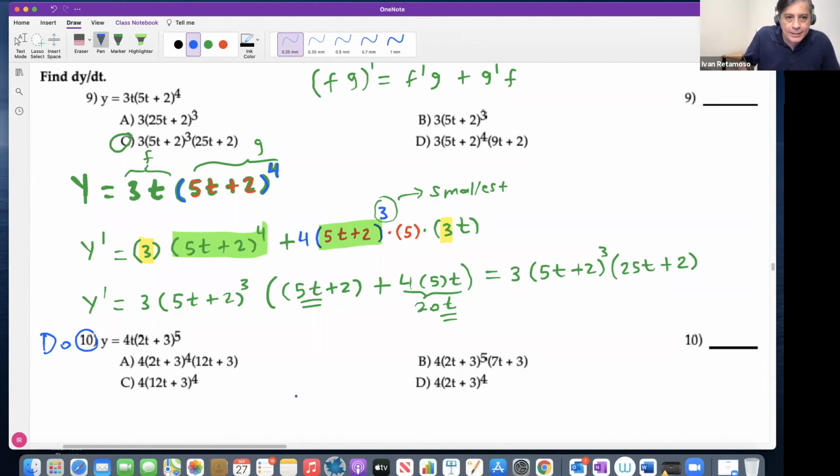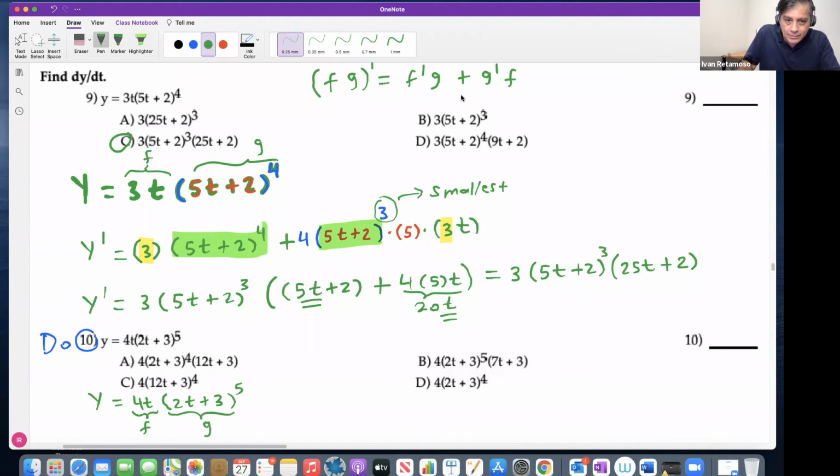Probably the hint should be: make this your f function. Let's write it bigger here. y equals 4t times (2t + 3) raised to the 5th power. What we are saying is that you should identify this with your f, this with your g for the product rule, right?